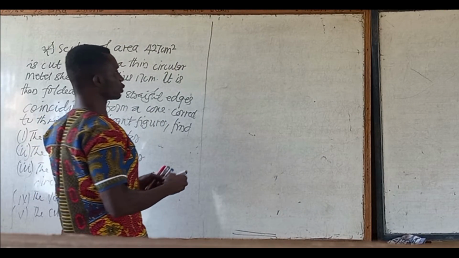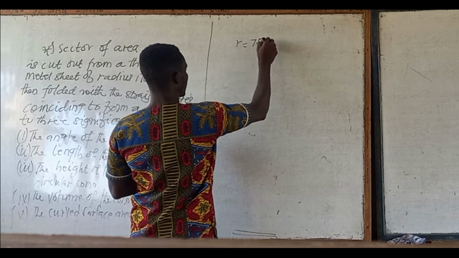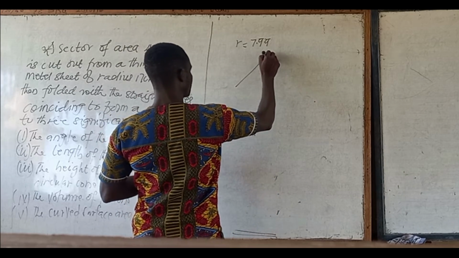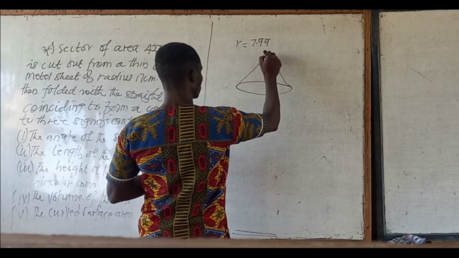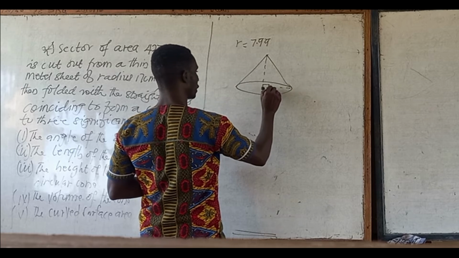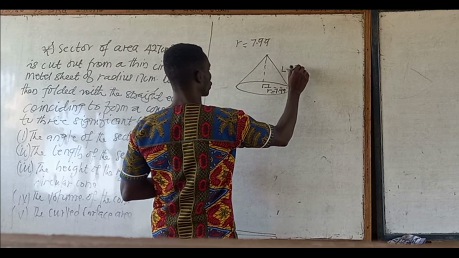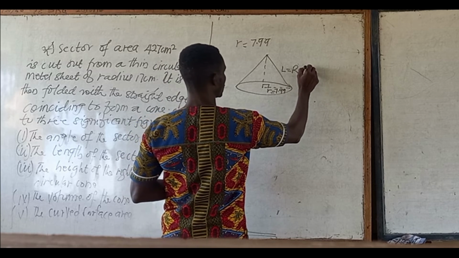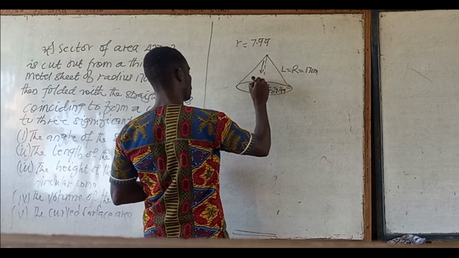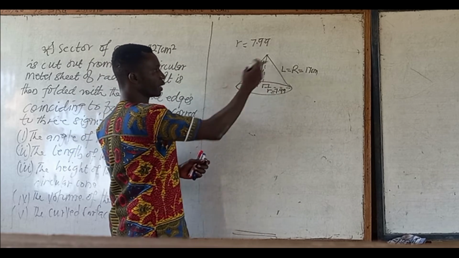Having calculated the small radius r to be equal to 7.99, now if I pick the cone, the base radius of the cone is 7.99, with the slant height L equal to the original radius of the sector, which is 17 centimeters, and this is the height of the cone, H. Now we have three variables involved.